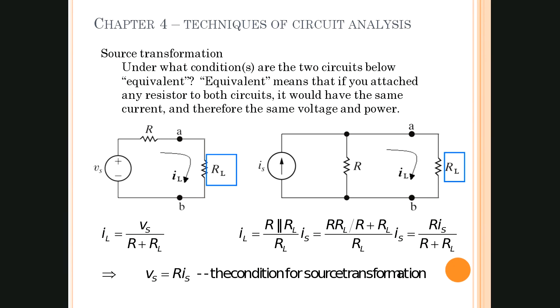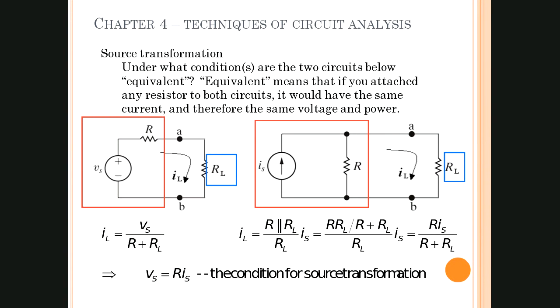And so the conditions that we're looking at, and let me do this in a different color, is these two conditions, where we have a voltage source in series with a resistor, and we have a current source in parallel with a resistor. Right? So basically what's happening here is those two values of R are equal.